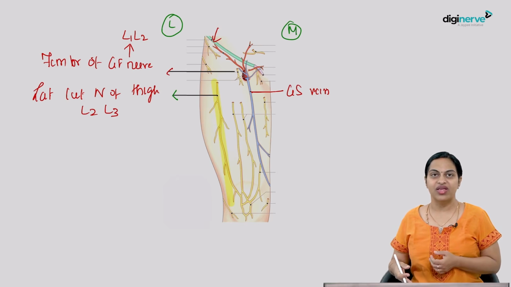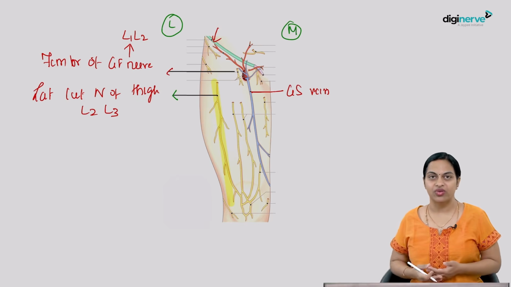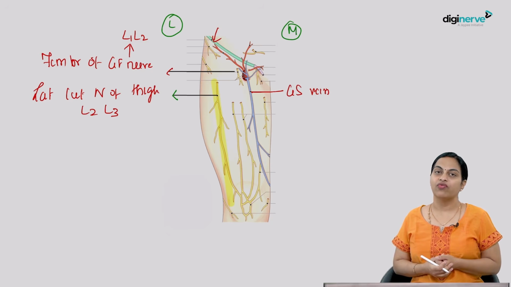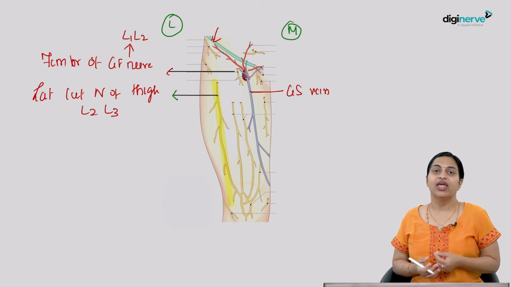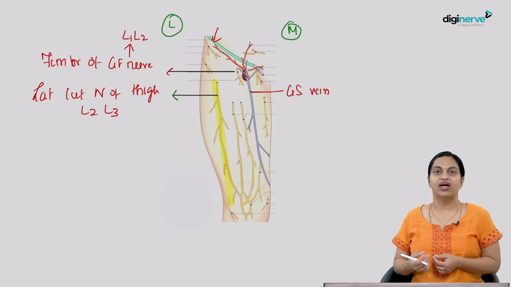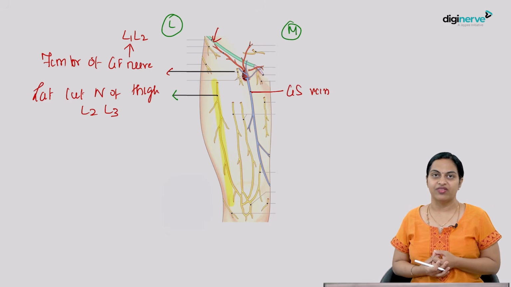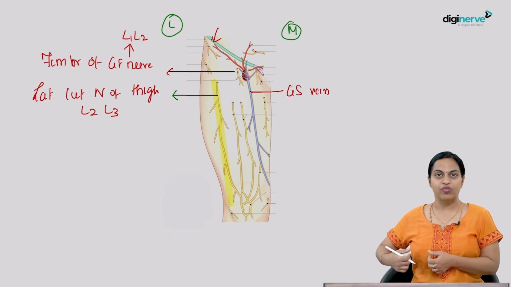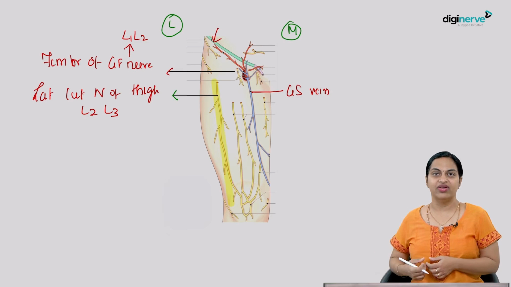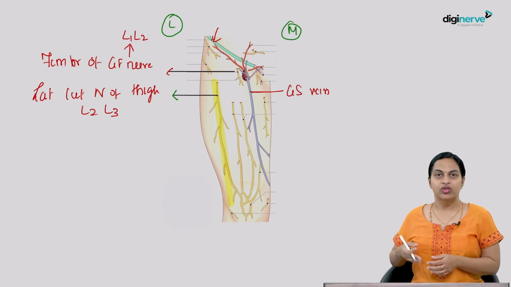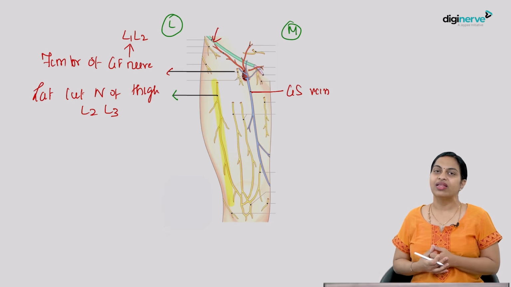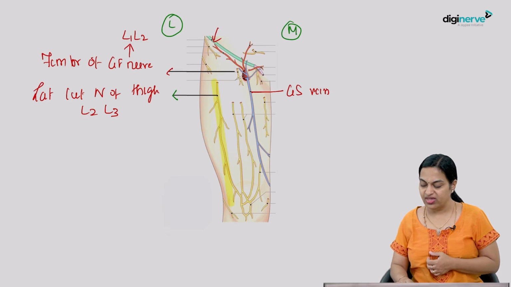So whatever we have seen now, it has to pass from the abdomen into the thigh, and this lateral cutaneous nerve of thigh passes behind the inguinal ligament, just medial to the anterosuperior iliac spine. All of you can feel the anterosuperior iliac spine, right? You would have felt it in the cadaver, just medial to it. So behind the inguinal ligament is the lateral cutaneous nerve of thigh, reaching the thigh.